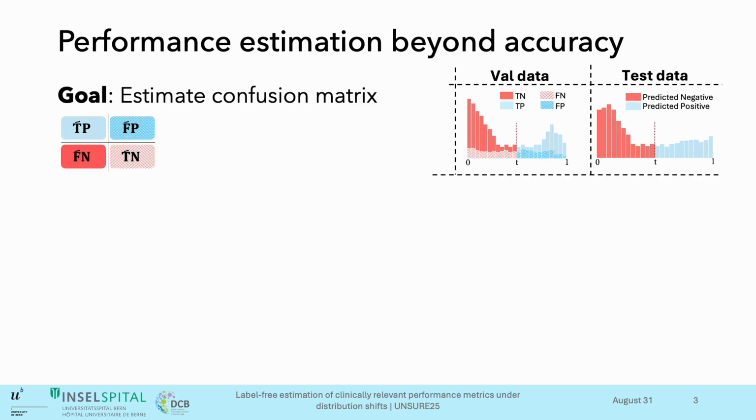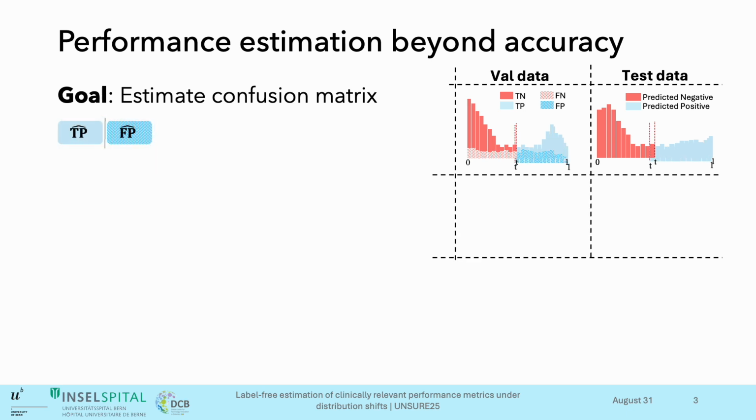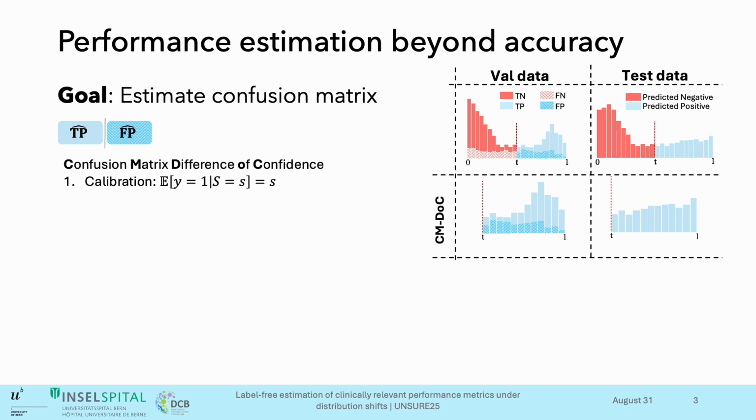Now, let's look at how we estimate the confusion matrix in more detail. I am going to focus on true positives and false positives here, but an analogous procedure applies for the true negative and false negative entries. Our first method builds on the difference of confidence method, which itself relies on calibration. If the model were perfectly calibrated, each confidence score would reflect the true probability of the sample belonging to the positive class.